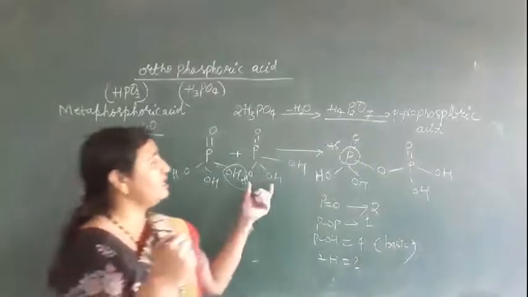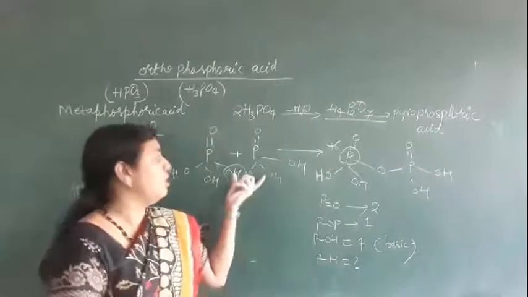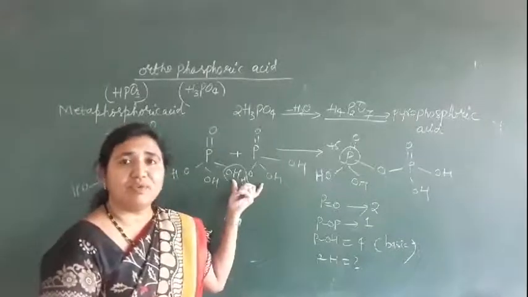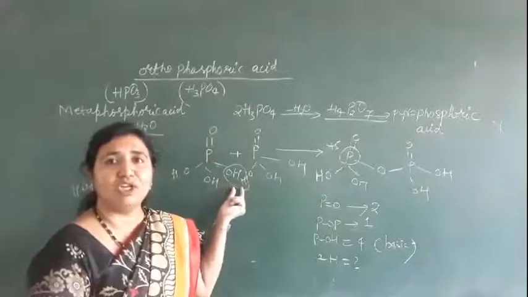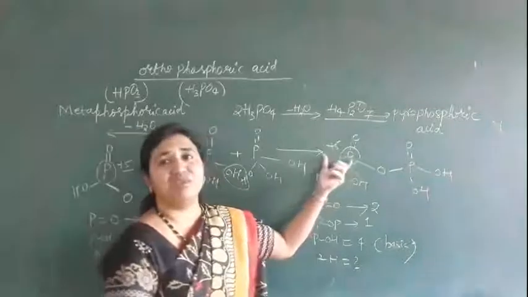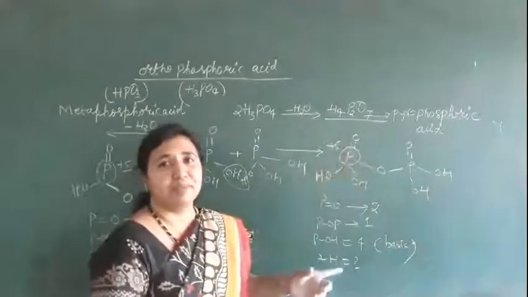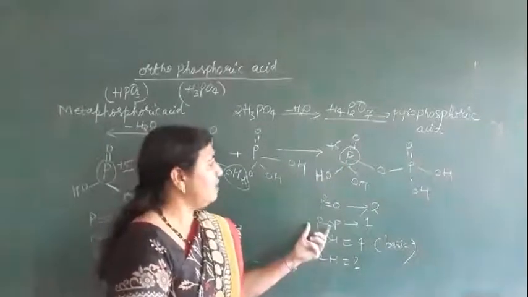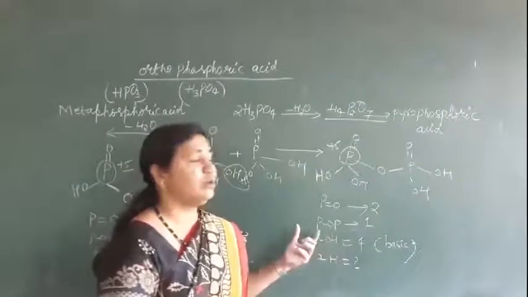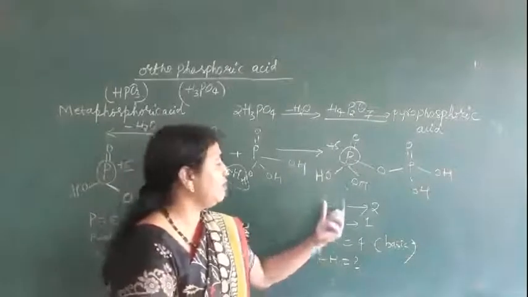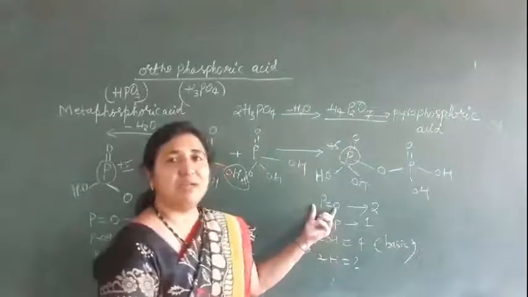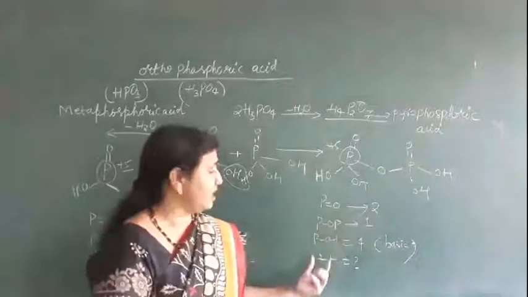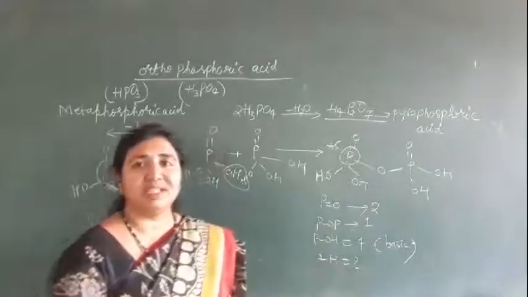Similarly, if you take 2 orthophosphoric acids and remove a water molecule, then we will get H4P2O7. In this we have 4 POH bonds, so basicity is 4, and POP bond is 1, and P double bond O we have 2, and no PH bond in this one.